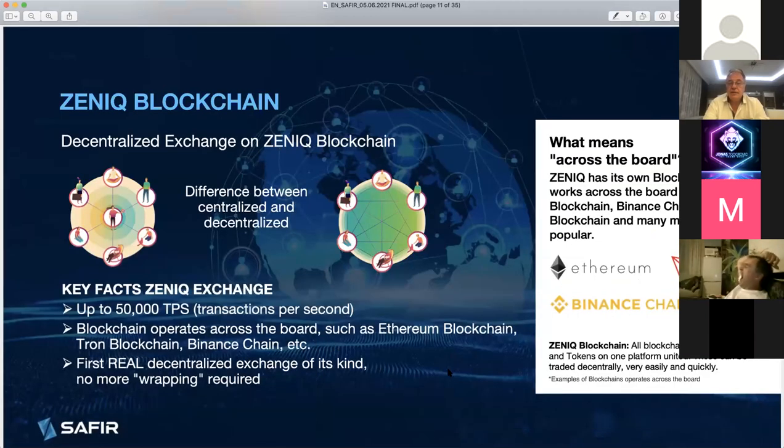If we look into the ZENIQ blockchain and what makes it so unique compared to many other blockchains, it's not just a blockchain, it's a blockchain based on cross-chain programming, meaning that it works seamlessly over several different cryptocurrency blockchains, such as Ethereum, Binance Chain, Tron Chain, and several others.